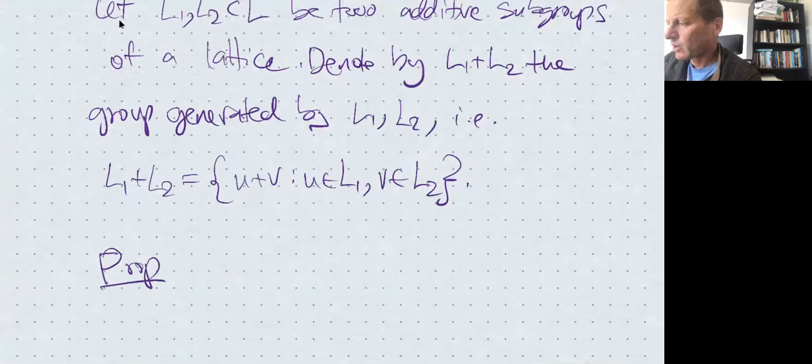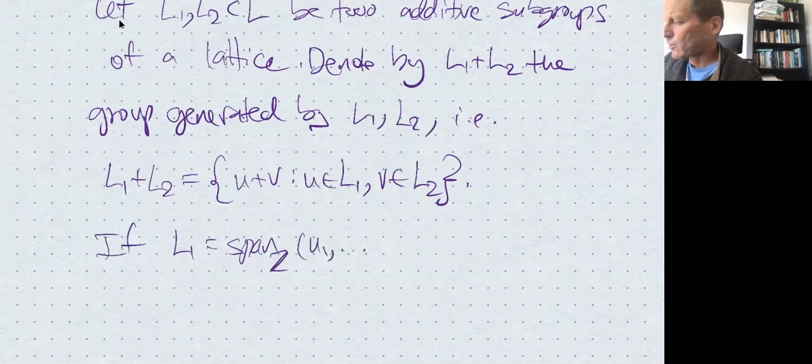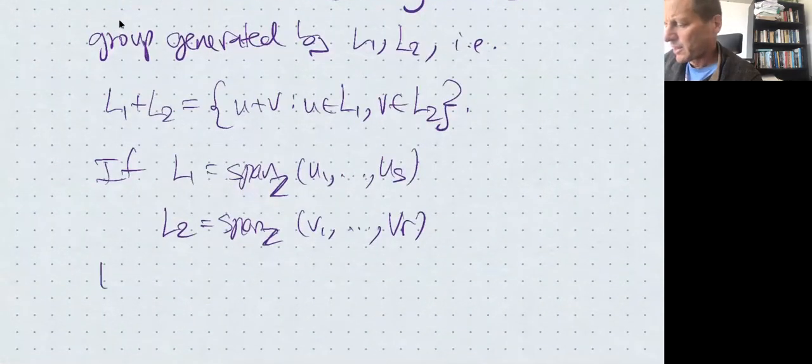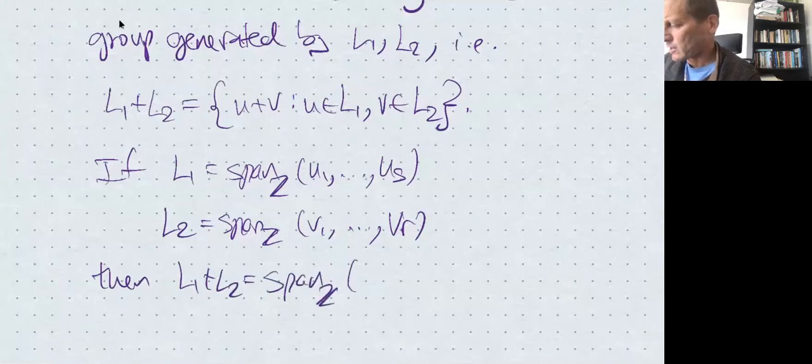Let's write down another formula for this. If L1 is the span over Z of U1 up to US, and L2 is the span over Z of V1 to VR, then L1 plus L2 is the span over Z of the combined collection.